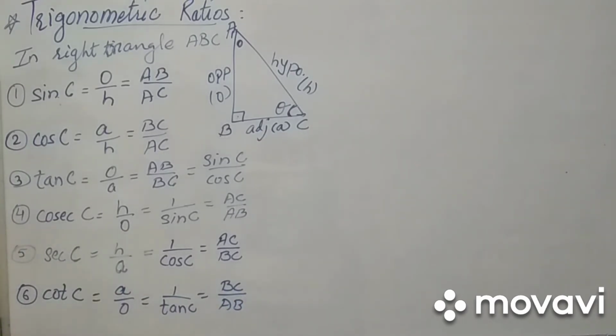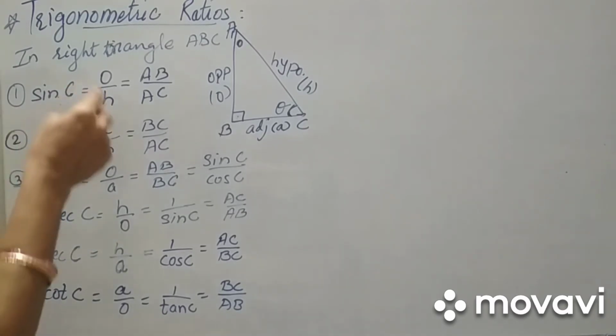Now, a problem arises to remember it because all look the same. So, what I am telling you, first, tan and cot, remember it. It's a reciprocal of it. And as well as, I am telling you to remember the first three ratios, the basic ratios only. How?